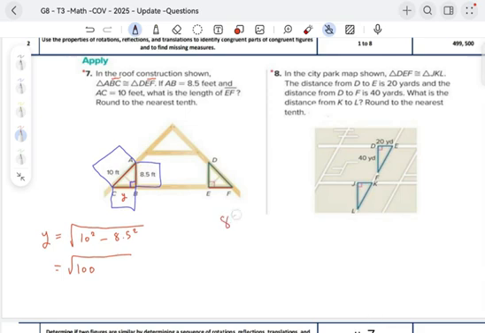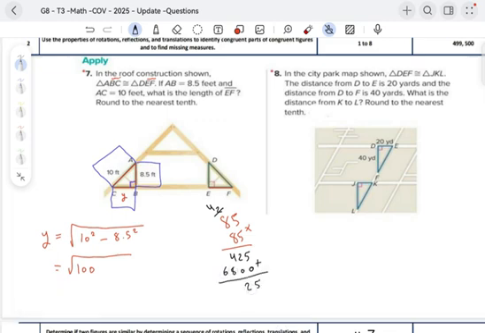8.5 squared, let's multiply. 85 times 85, we're gonna remove the decimal point, multiply, and then put the decimal point back again. 5 times 5 is 25, 5 down and 2 up. 5 times 8 is 40, plus 2 is 42. 8 times 5 is 40. 8 times 8 is 64, plus 4 is 68.